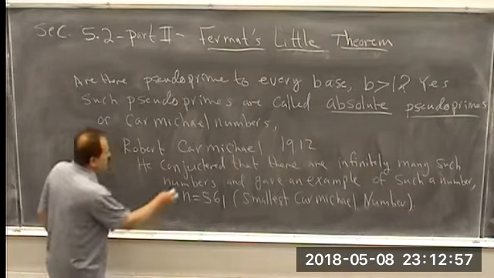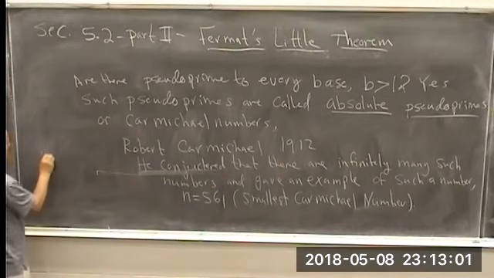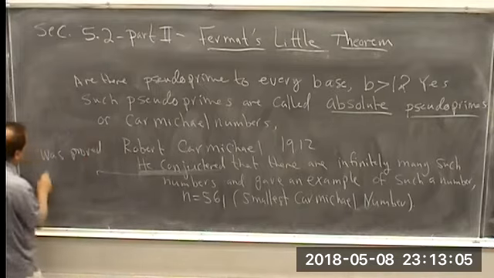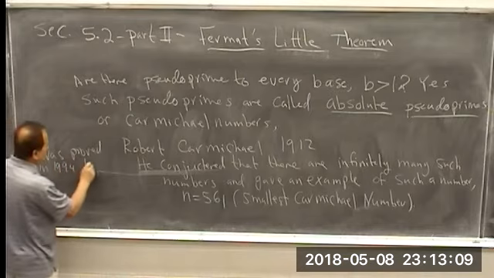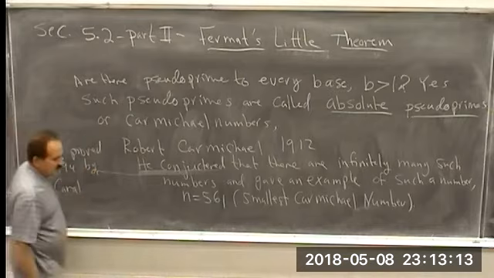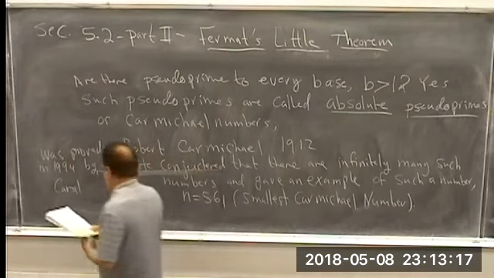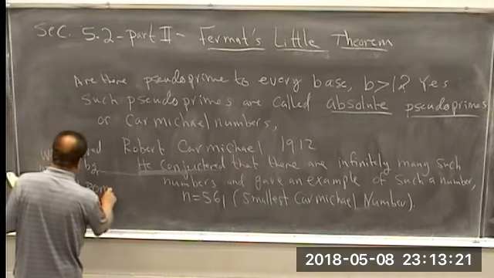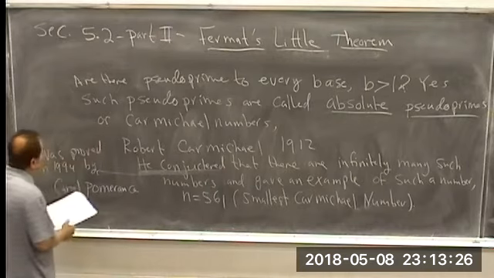The conjecture was proved in 1994 by Carl Pomerance and others.